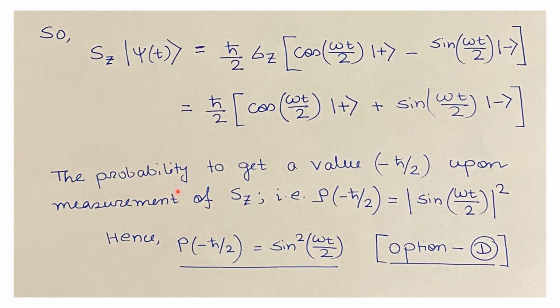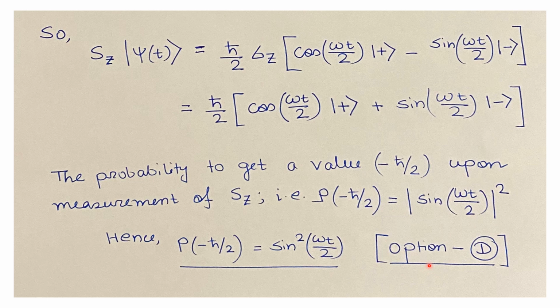So, the probability to get the value minus h cut by 2, that is the down spin upon measurement of Sz, is basically the mod square of the coefficient of the minus state, that is mod square of sin omega t by 2. So, basically it will give sin square omega t by 2.